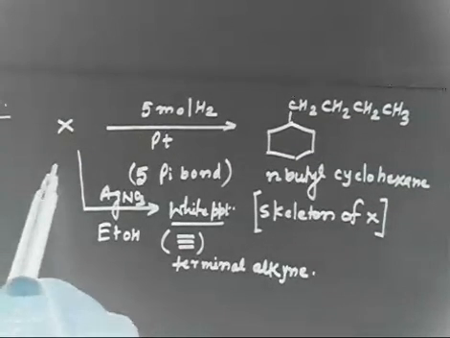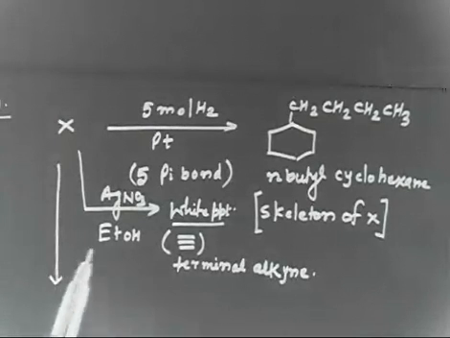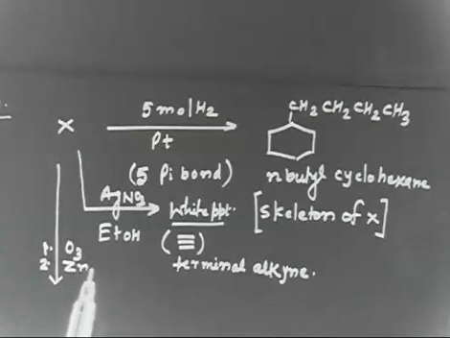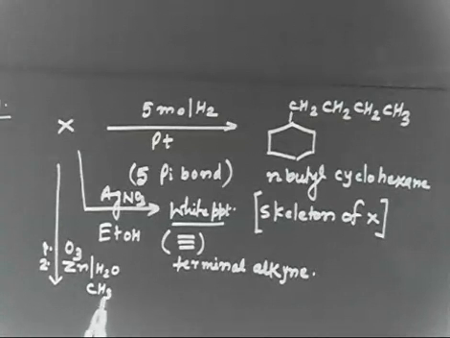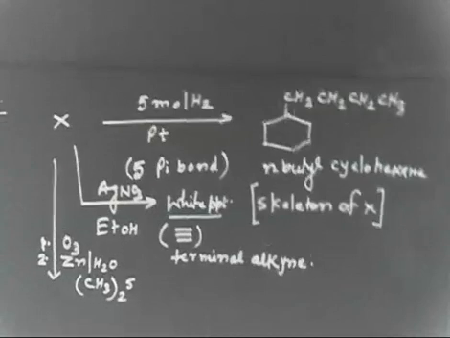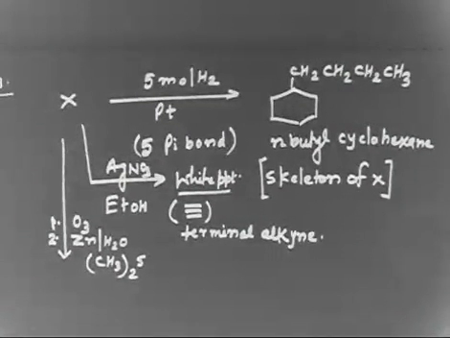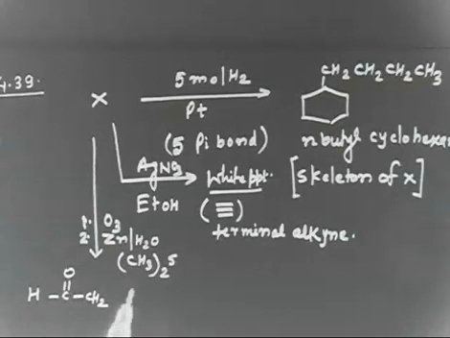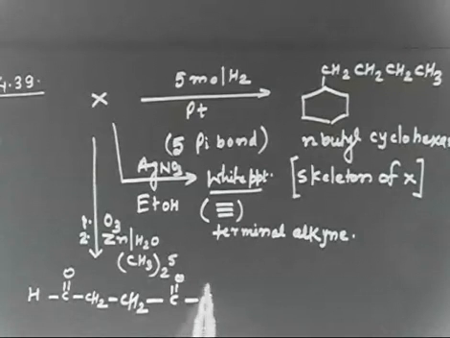Now the third part says if I do reductive ozonolysis of compound X, O3 first, and then Zn/H2O or dimethyl sulfide, this gives the following compounds: HCO, then CH2 two times, CH2, CH2 and CHO.